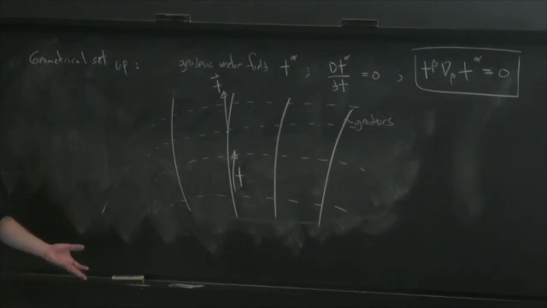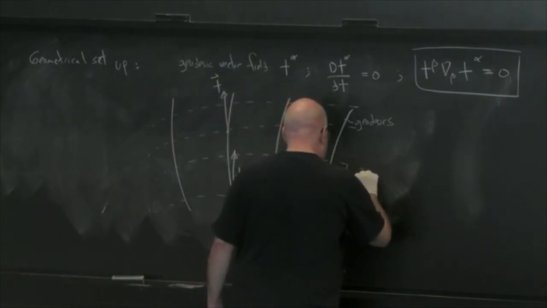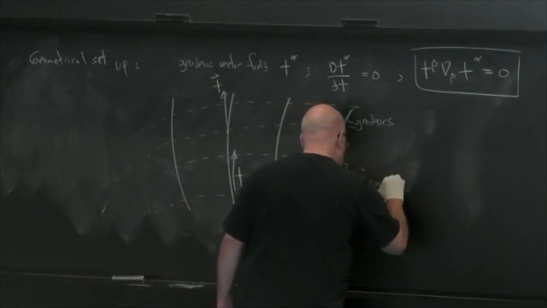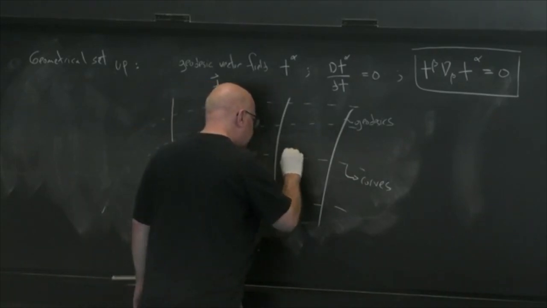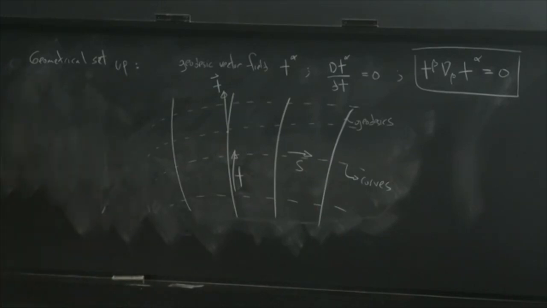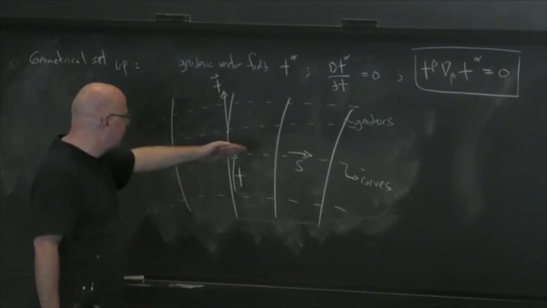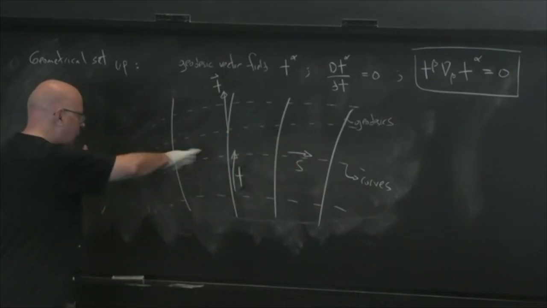So those curves I can draw pretty much arbitrarily. I'm not assuming that they're going to be geodesics. I don't want to assume that. So I'm just describing them as curves. And they're going to be parameterized curves like everything else. So there's going to be some parameter that runs along it. So it's a little bit like what we had before, except that I don't have a reference curve and a bunch of variation curves. I just have a bunch of geodesics and then some cross curves that go across them.